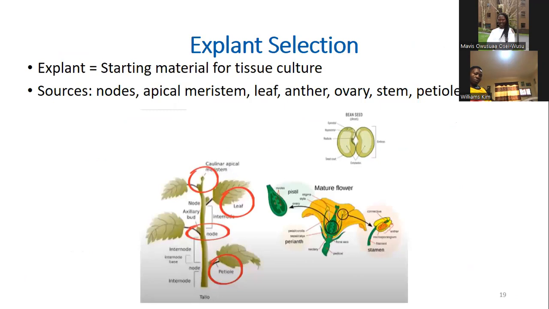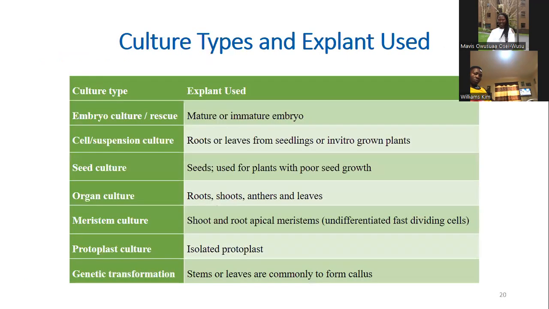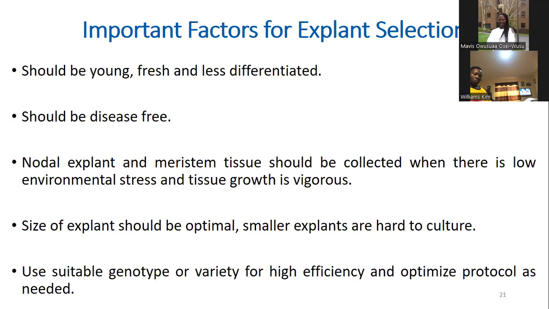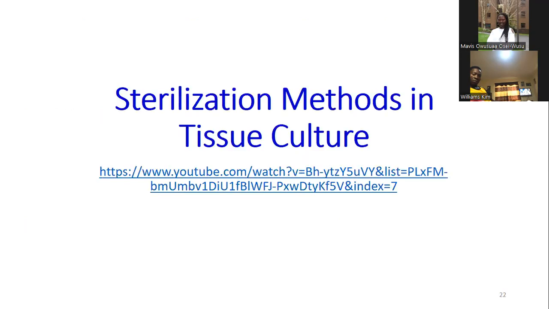We mentioned the explant as a starting material for tissue culture, and there are different sources, as we mentioned. Each culture type uses a particular explant. We mentioned those as well. What else? Yes, we did mention that it's important your explant is fresh and young and less differentiated because it's much easier when you are doing tissue culture with those.